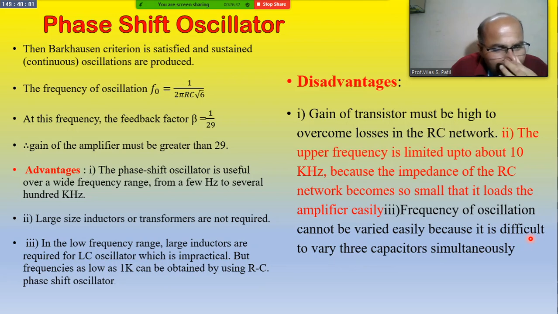Next, at this frequency the feedback factor: in the last lecture we calculated the feedback factor beta, and its value for the phase shift oscillator comes to be 1 upon 29. We have to memorize this value of the feedback fraction, which is given by the feedback network. Again, the amplifier gain must be greater than 29.